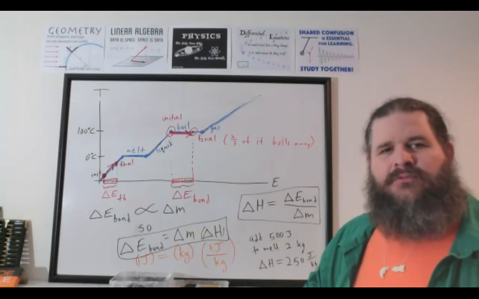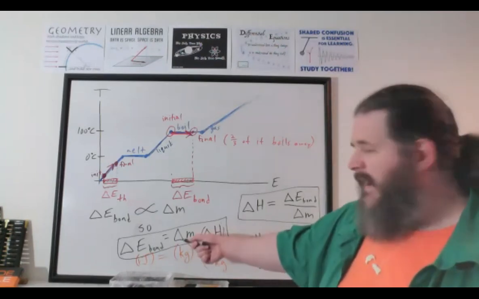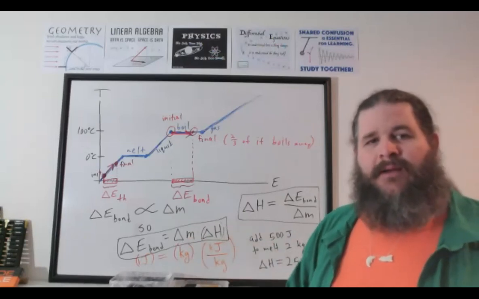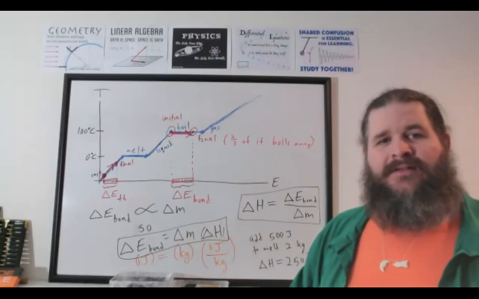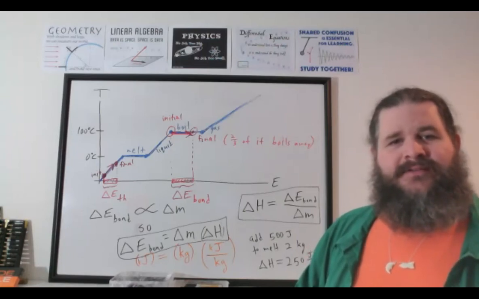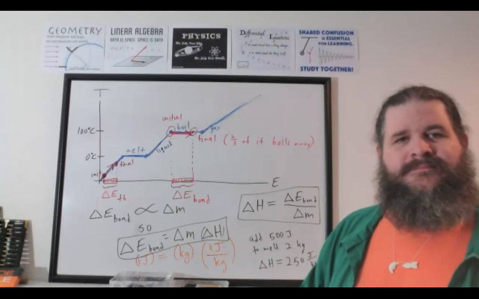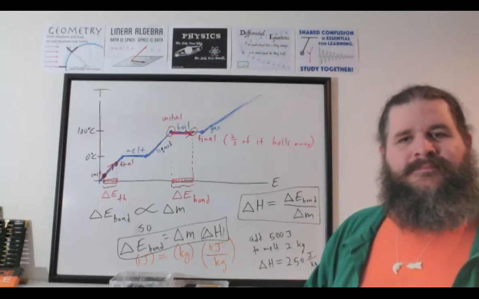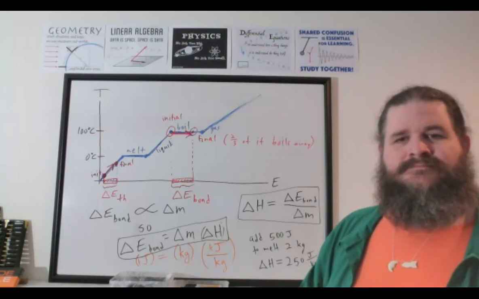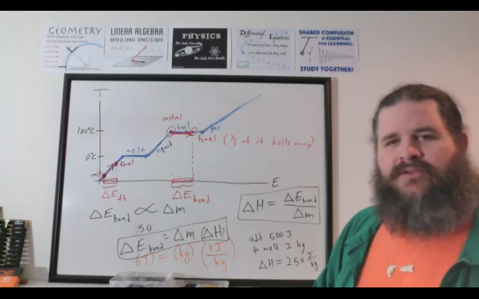Like if you've just got two objects that are both the same mass, let's say both 5 kilograms, are any two 5 kilogram objects going to cost the same amount of energy to melt? Or what else could be different about those objects? Yeah, the type of substance.